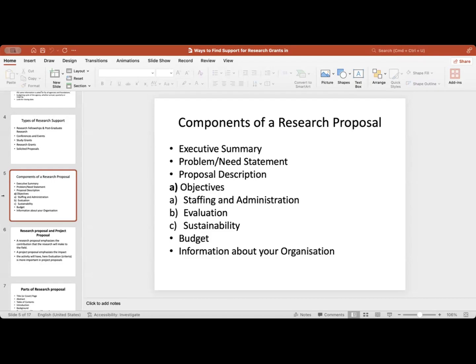Sustainability became important after the sustainable development goals came. Almost all research grants look at how your proposal addresses some of the sustainable development goals.